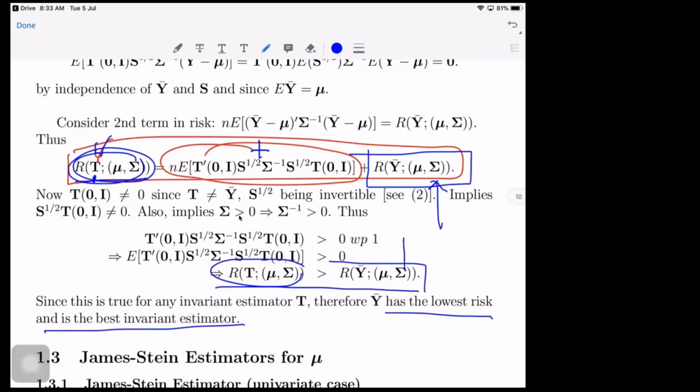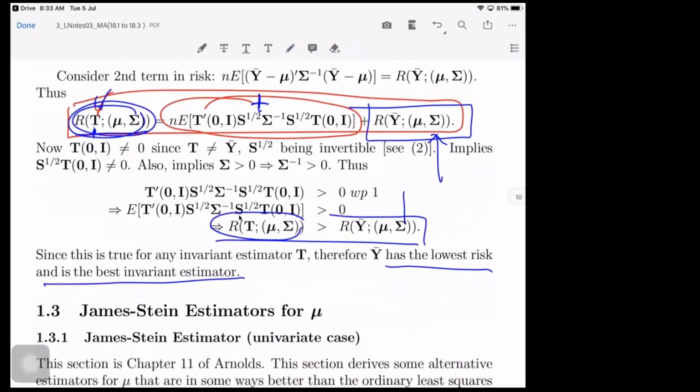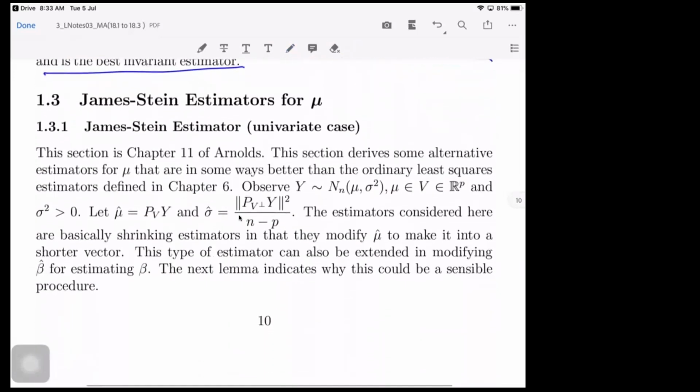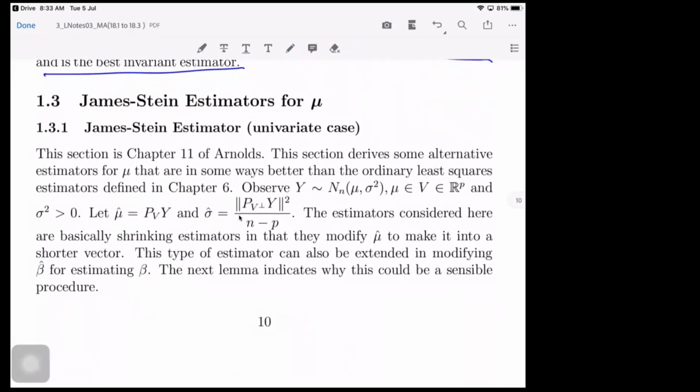But there is another estimator which will be better than y bar, and that will be the start of the lecture now. This is now section 18.3. Before I go with the multivariate case, since we did not pass through the James-Stein estimator for mu in the univariate case, let me start with the univariate case so that you can easily relate it when we prove the multivariate case.